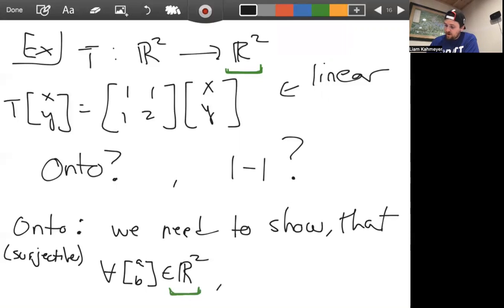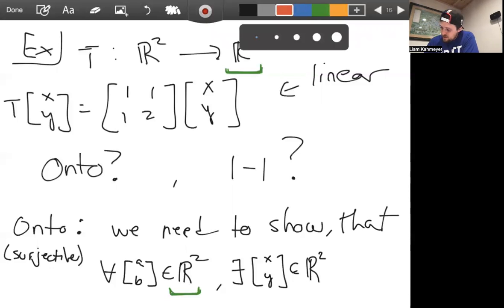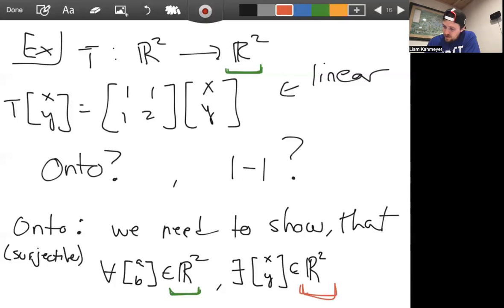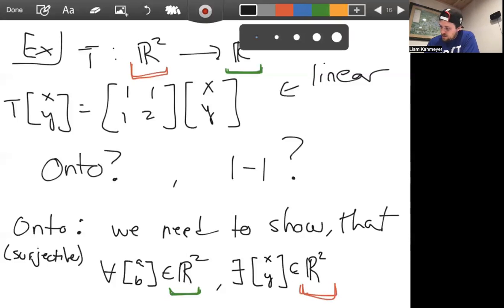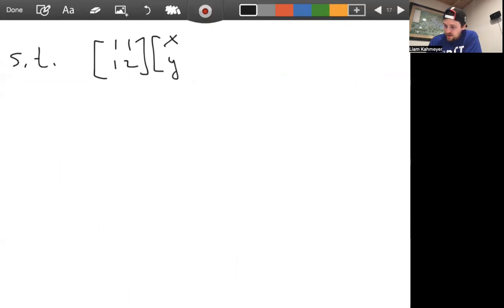We need to show that there exists X and Y in the source R2 such that the matrix 1, 1, 1, 2 times xy equals AB, right? That's exactly what it means to be surjective.